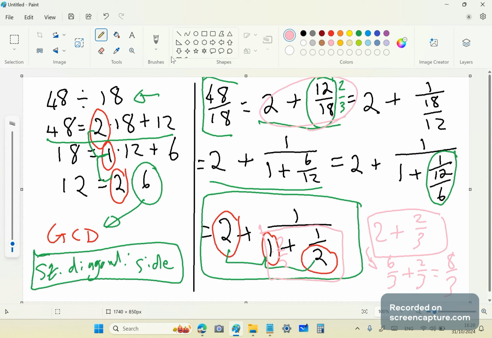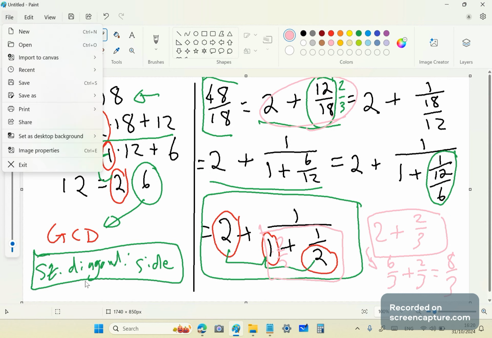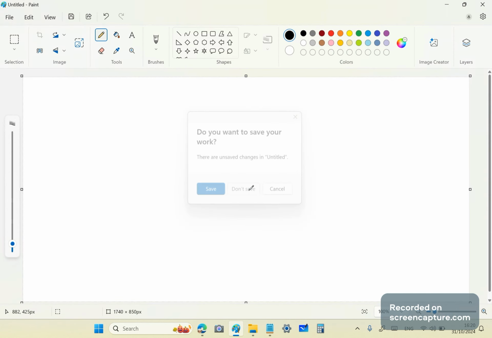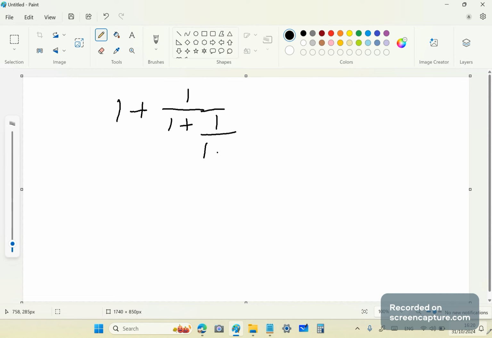Now let's look at the continued fraction for this special ratio here, which has no measure. So the continued fraction here would be something like this: 1 plus 1 over 1 plus 1 over 1 plus, and let's just say a half here, okay? Or actually, I think it is a half, not too sure of that.